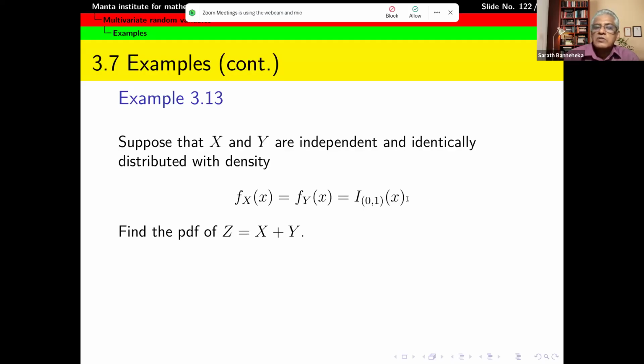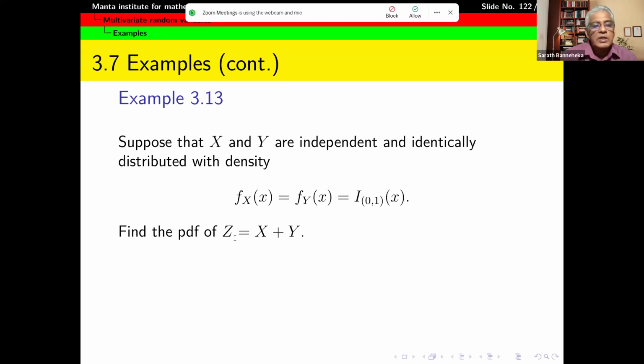If the x we are considering is outside this interval, then I_{0,1}(x) will be equal to 0. That is the same as the uniform 0, 1 density, and f of y will also be the same function. So here I'm going to consider this as my density function of x and y.